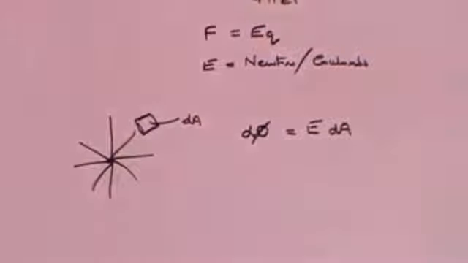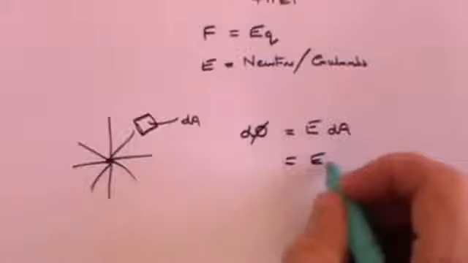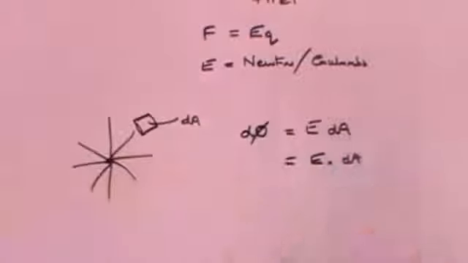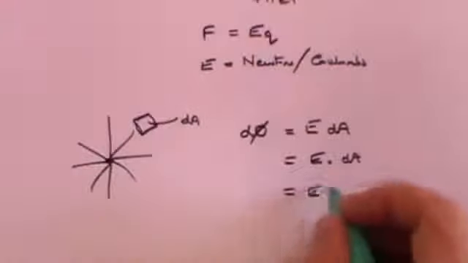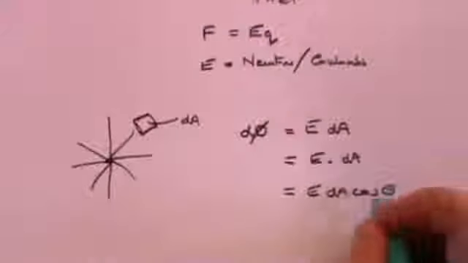So it's as simple as that. Flux is the field that goes through the area. But mathematically, it is written in this form, E dot dA, and a dot is a vector product. And it is also equal to E times dA times the cosine of theta.